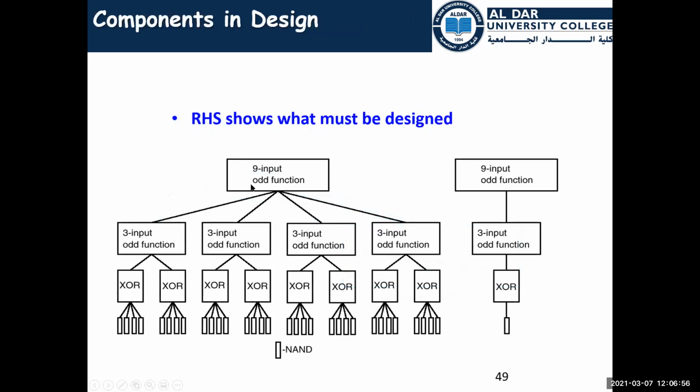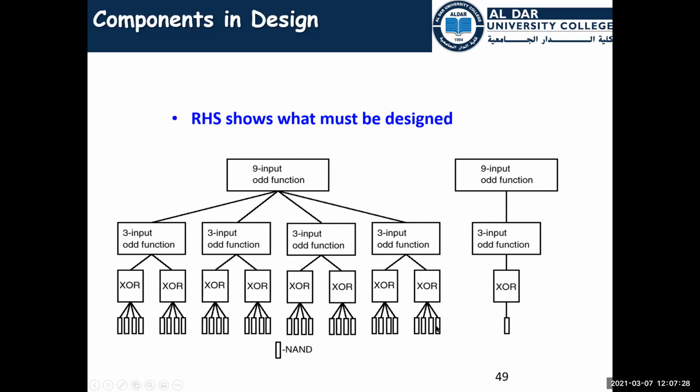We have a 9-input odd function. We convert it to 3-input functions, multiple 3 inputs. We only need the 3-input odd function, 3 copies of them. Then each one can be converted to 2 XORs, and each XOR can be designed by multiple NAND gates. This is just a design hierarchy to tell you what kind of circuits you will have.